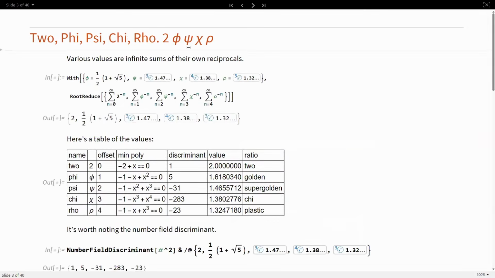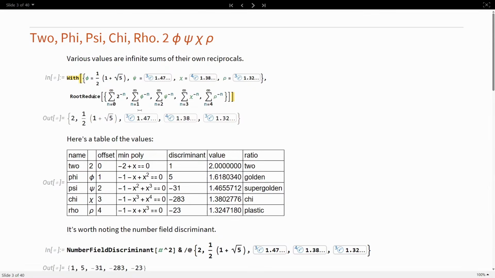In particular, these constants here: 2, phi, psi, chi, and rho, otherwise known as the number 2, the golden ratio, the super golden ratio, the chi constant, and the plastic constant. And all of these can be derived by looking at these sums. 2 is the infinite sum of the reciprocals of 2, starting with the zero power.